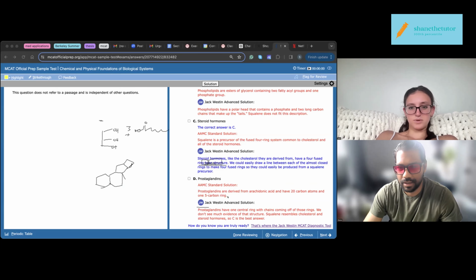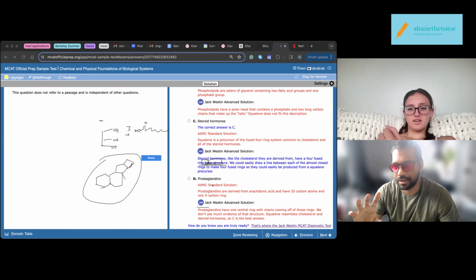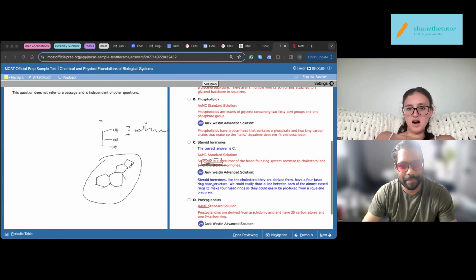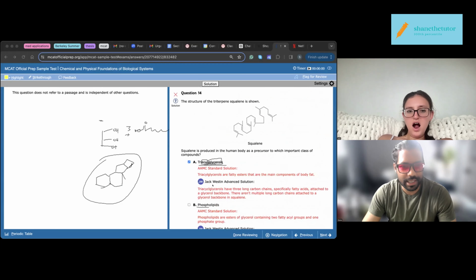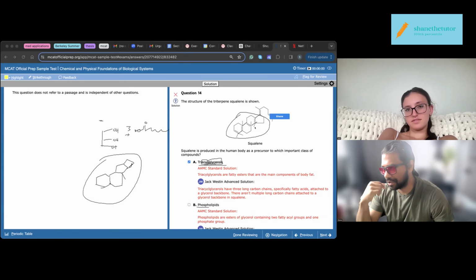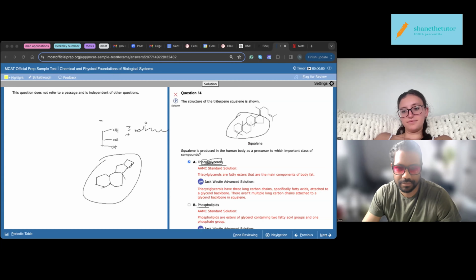So this is the cholesterol, which is where all the steroid hormones come from. And if you go up to the squalene, you could see that all you need is boom, boom, boom, and boom. You get your cholesterol, precursor of steroid hormones there. Okay. Cool.